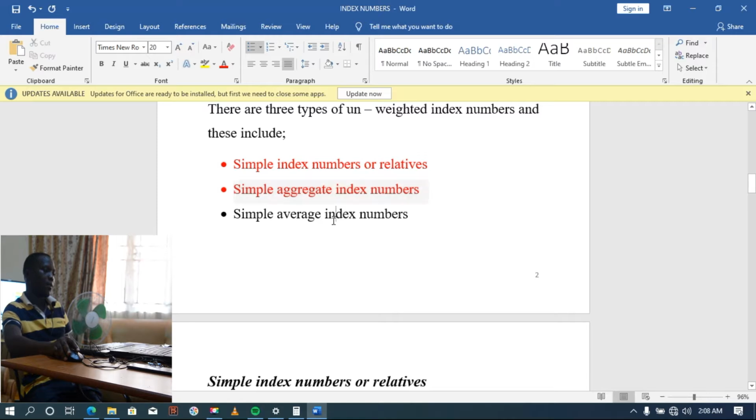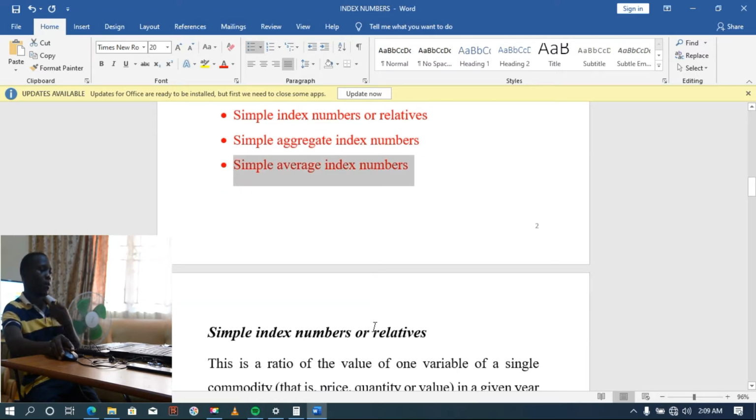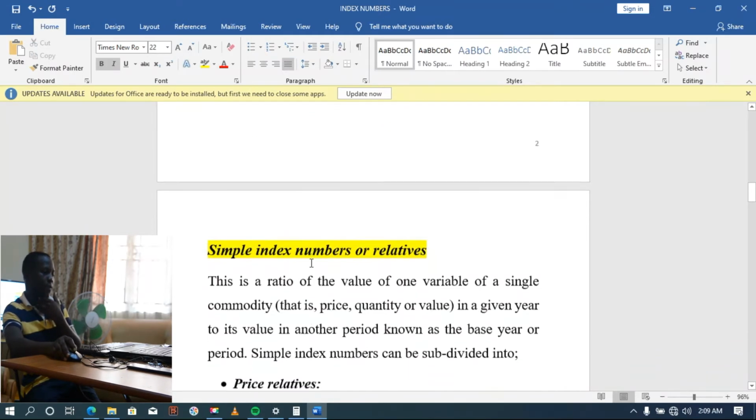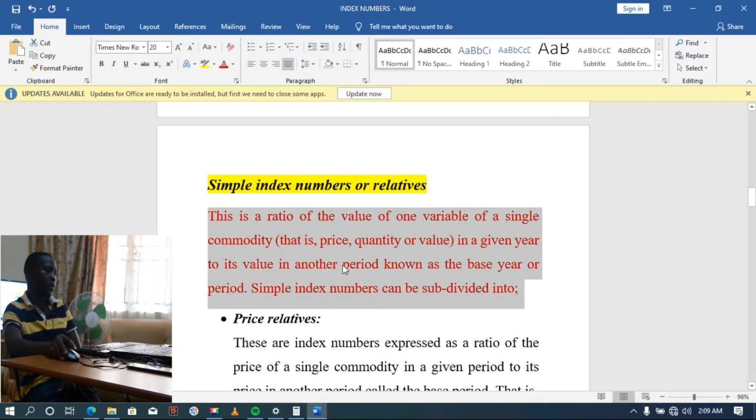And the third one is the simple average index numbers. We are going to look at each of these types as well as examples falling under each of them. We begin by looking at simple index numbers or simple index relatives. The definition says that this is a ratio of the value of one variable of a single commodity, that is price, quantity, or value, in a given year to its value in another period known as the base year.